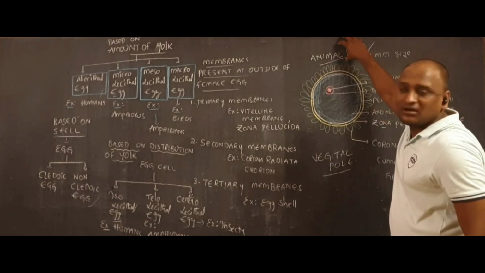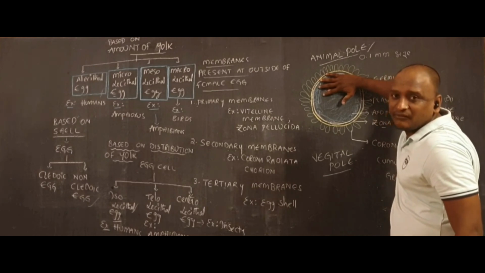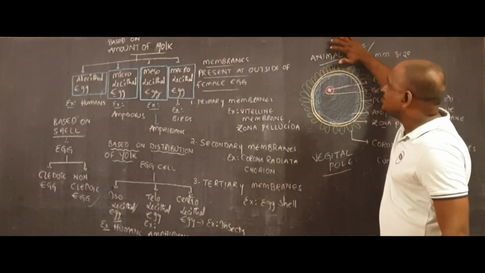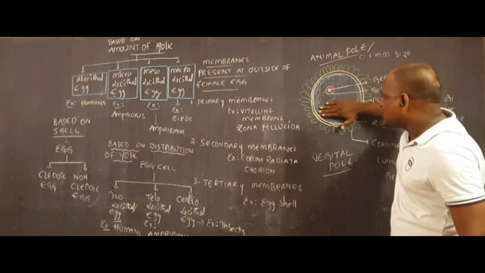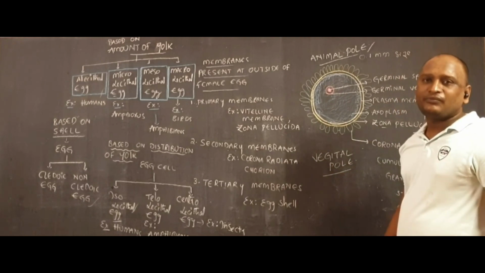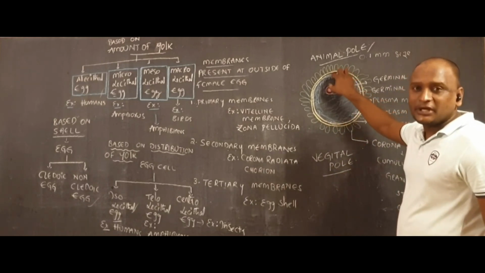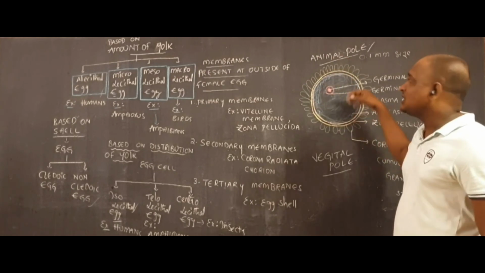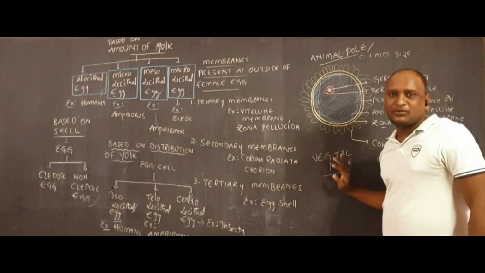That side, the part which contains the nucleus, is called the animal pole. And the part which doesn't contain the nucleus is called the vegetal pole. Likewise, based on where the nucleus is present, this total egg cell can be divided into two types: animal pole and vegetal pole.